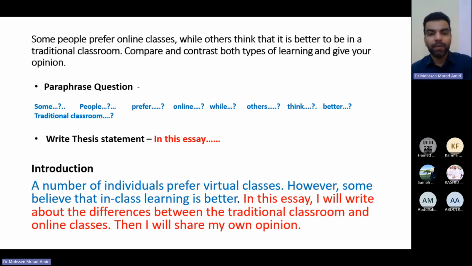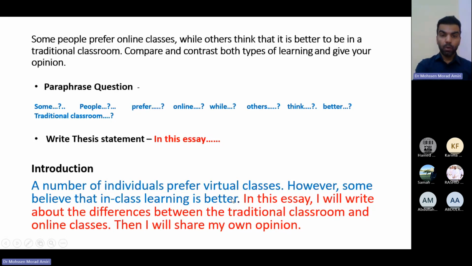Sure. However, some believe that traditional classroom, again, we change it. In-class learning means traditional, or face-to-face learning. Instead of traditional classroom, you can say in-class learning is better.